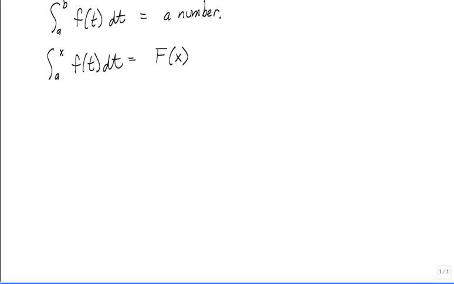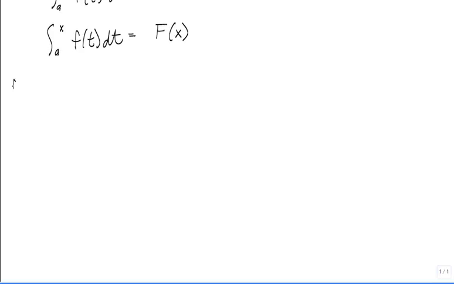So let's draw a picture of that. Say, again, if f is continuous, then we can do this in terms of area. Or f is positive, and it's above the x-axis. Just so you see, it holds true for any continuous function.